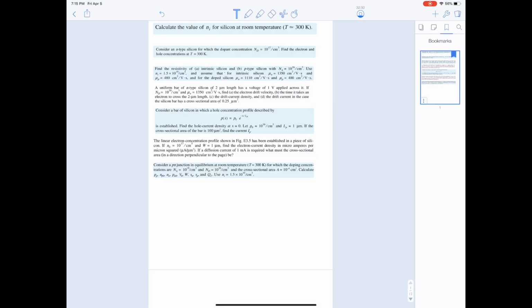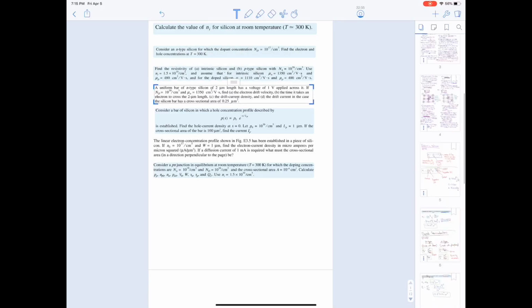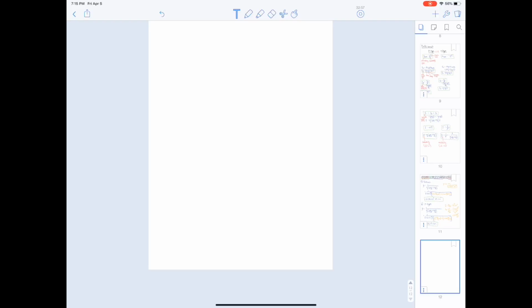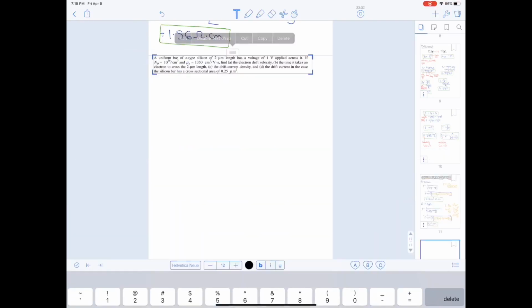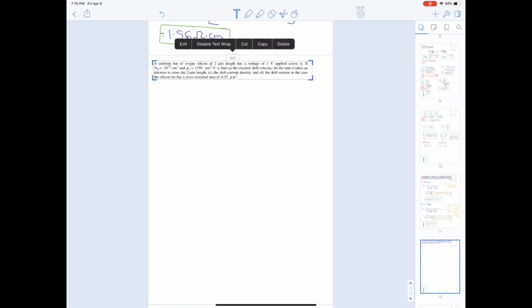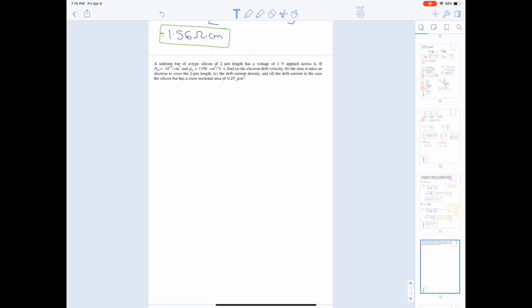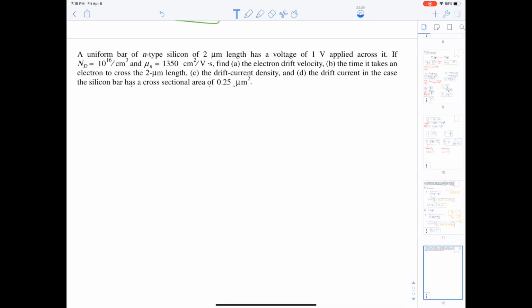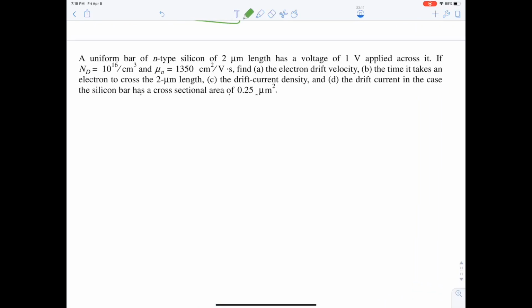Let me copy this. Go back to my page. Paste it. Okay, so what does this question say? It says a uniform bar. So as you have noticed, this should be drift current, right? Because you have a uniform n-type silicon, and the length is 2 micrometer.